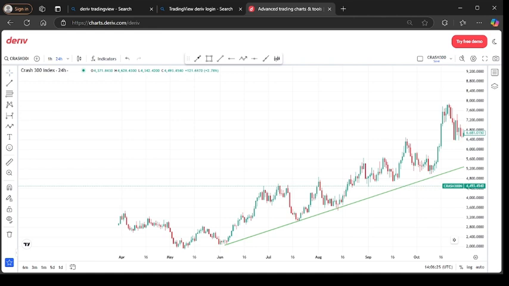Usually the breakout candle must be strong and aggressive. It means the candle is supposed to be without a wick. Usually, if the candle which has violated the trend line has a long wick, it's likely a fake breakout.